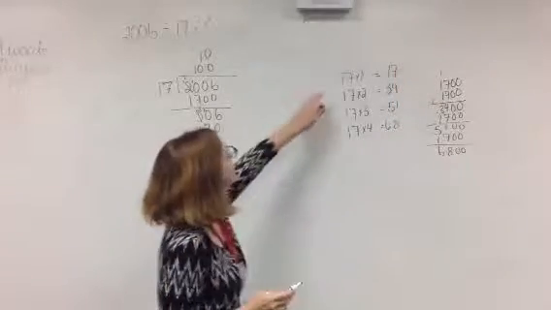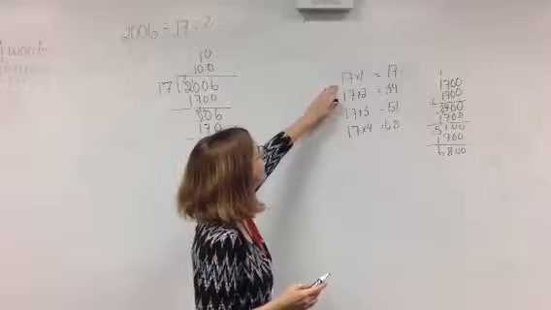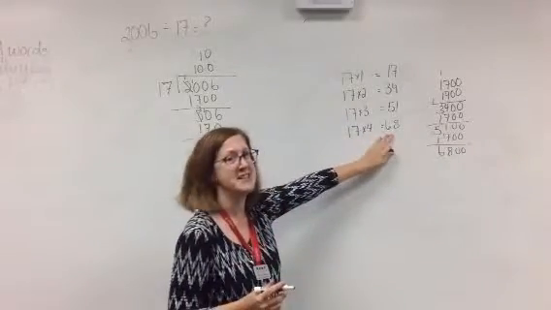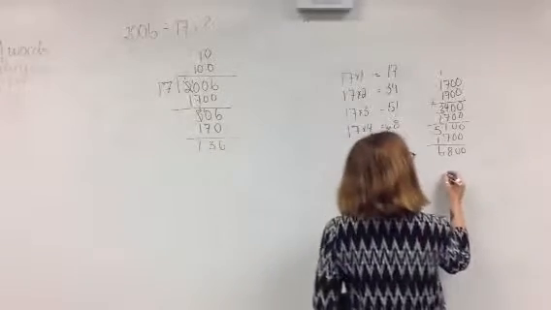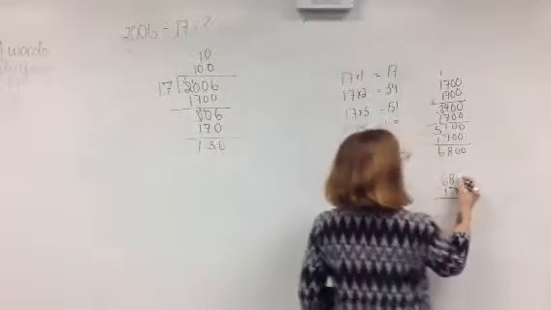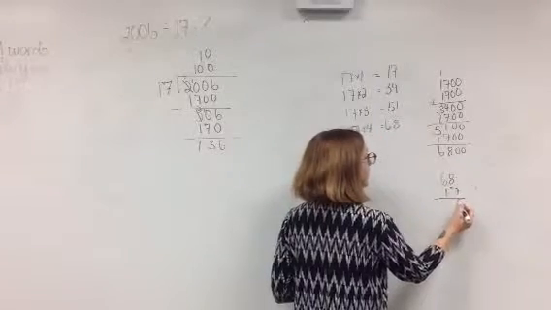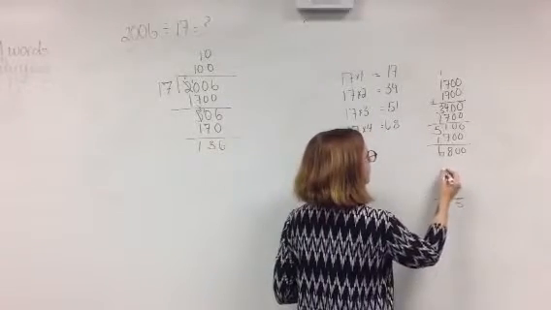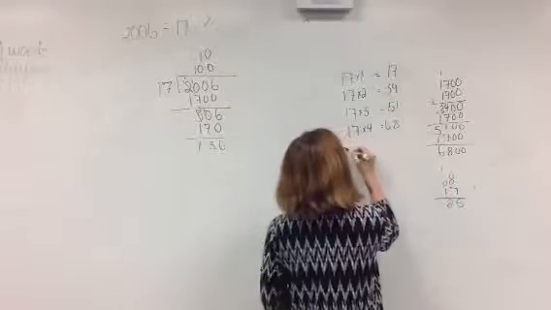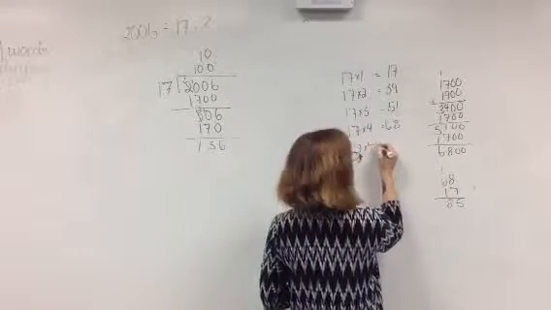Well, I know that 17 times 1 is 17. 17 times 4 is 68. That's not big enough. So I'm going to just keep going with 68 plus 17. 8 plus 7 is 15. Regroup, add this 1, it's going to be 8. So 17 times 5 is 85.